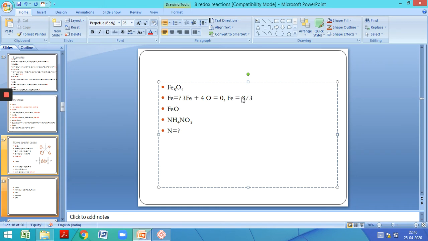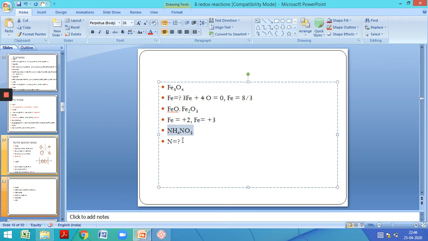It is made up of FeO and Fe2O3. So iron exists in two oxidation states here. In FeO, it exists as +2, and in Fe2O3, it exists as +3. So the oxidation numbers of iron in Fe3O4 are actually +2 and +3 because of FeO and Fe2O3.